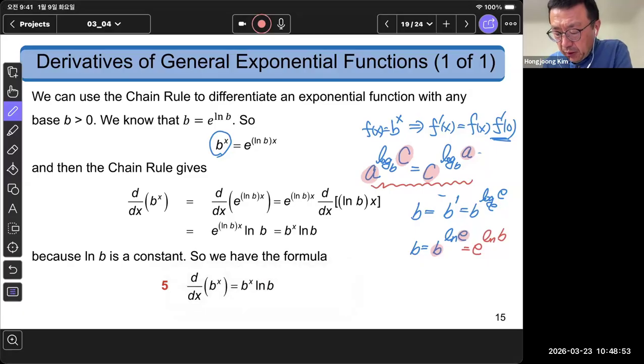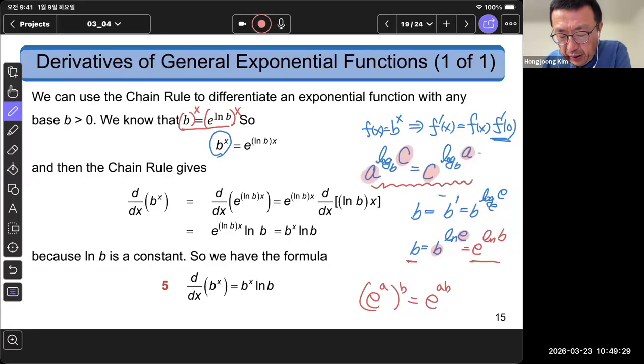So any positive b can be written by this, right? So if b can be written as e to the ln b, then b to the x is the x power of this exponential function. Then, as you know, e to the a times b will be e to the ab, right?